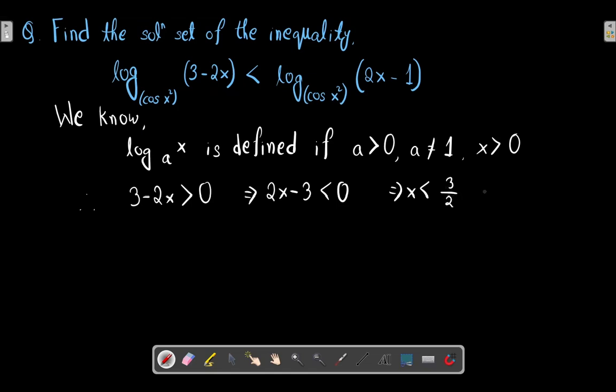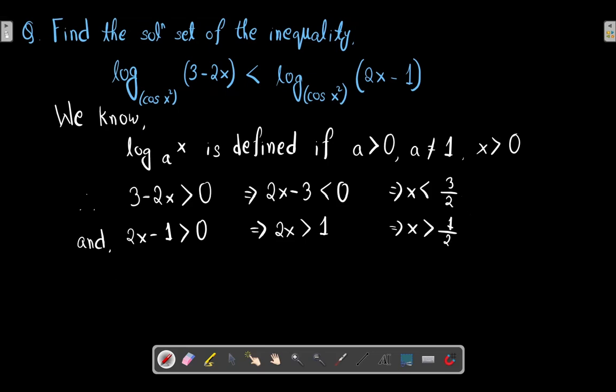And from the other side, twice x minus 1 has to be defined, so this implies twice x minus 1 is positive. This implies that twice x is greater than 1, and this implies that x has to be greater than half. So x is greater than half and x is less than 3 upon 2.